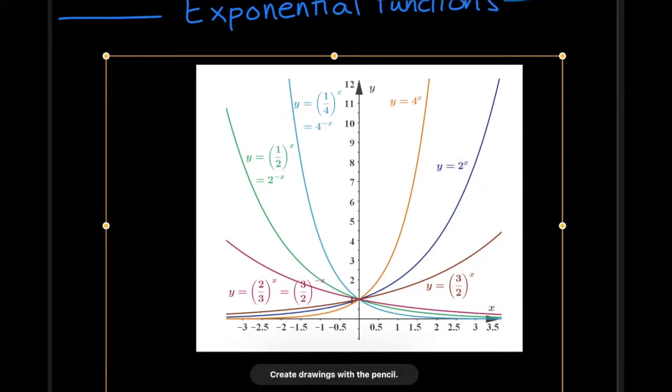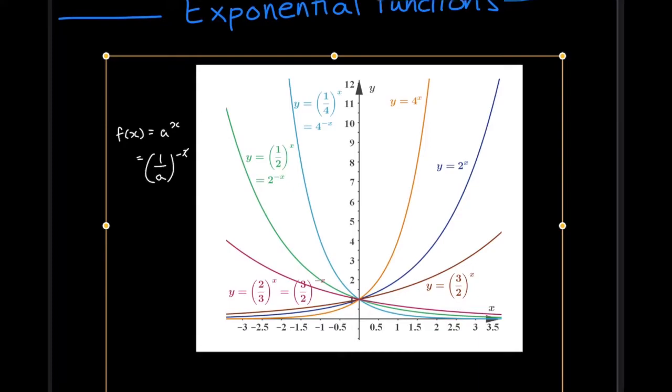Another thing we can say is that a to the negative x is equal to 1 over a to the x. And so the graph of y equals a to the negative x is a reflection of y equals a to the x in the y-axis.